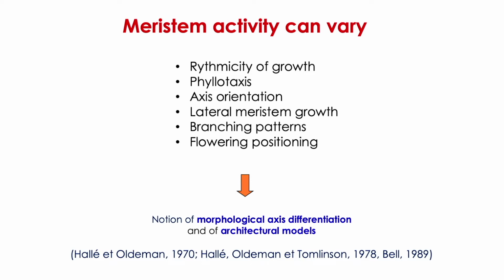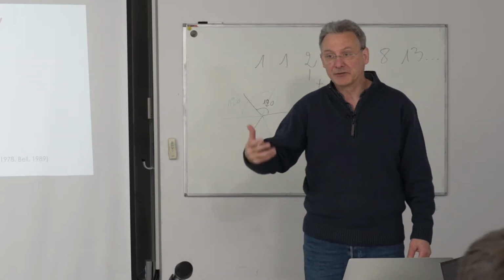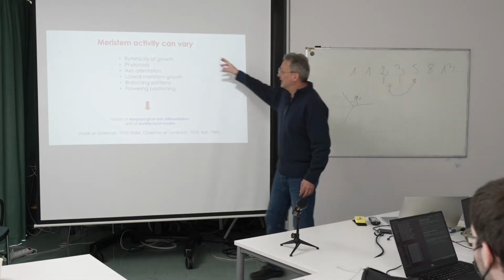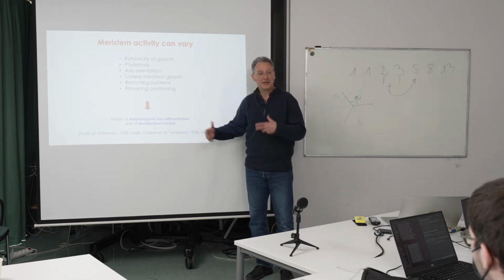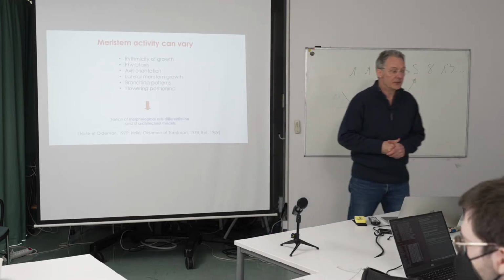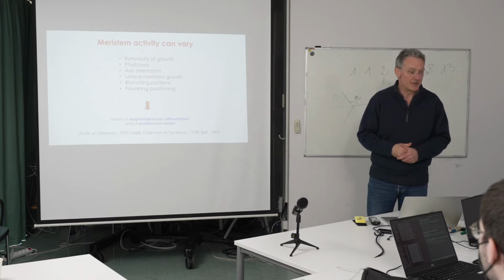You can have different branching patterns, and the sexuality, the flowering of the plant, can also occur in different fashions for the different species of plants. So by combining all these elements, it is possible to analyze the different ways different plant species, or different individuals within plant species, can develop.